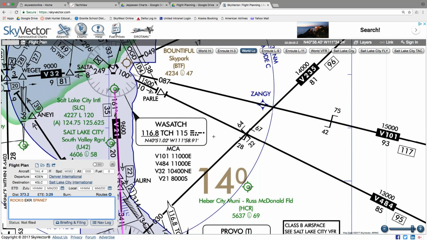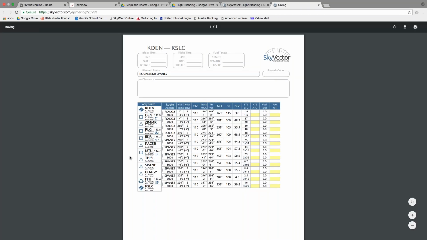Bring up the nav log. So just direct from Fairfield, huh? Yeah, so it's as if we were landing at 3-4. See the mileage difference? Realistically, we're going to have to go north around the airport towards Ogden and then land towards the south.